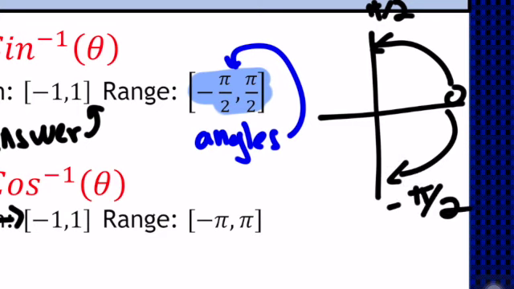So any values in between those two are going to be acceptable answers. If you get an answer that's out in the third quadrant, we're going to rewrite it in the fourth quadrant. And if you get something in the second quadrant, we would rewrite that in the first quadrant.